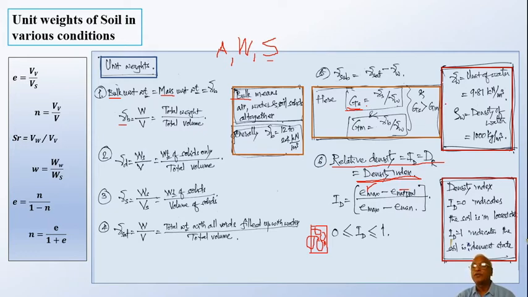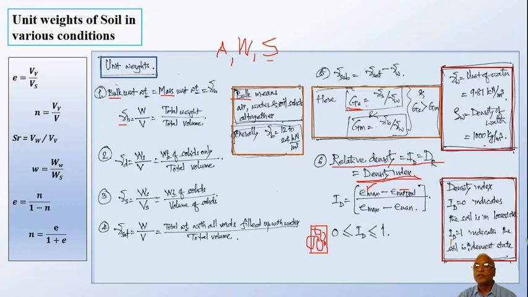Next, one more piece of information that you should carry along is the unit weight of water. This is equal to 9.81 kilonewton per meter cube, or 9810 Newton per meter cube, because it is weight per unit volume, where unit volume is 1 meter cube. Then rho w, that is density of water, is 1000 kg per meter cube.